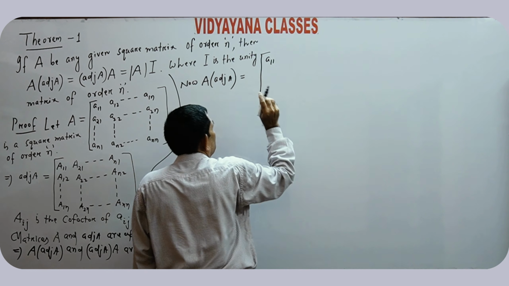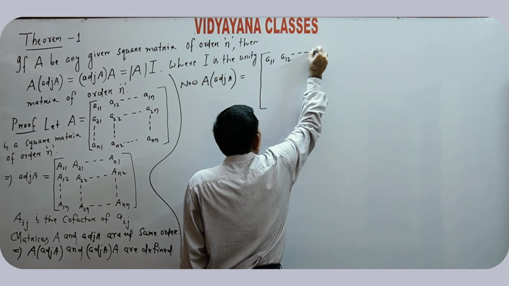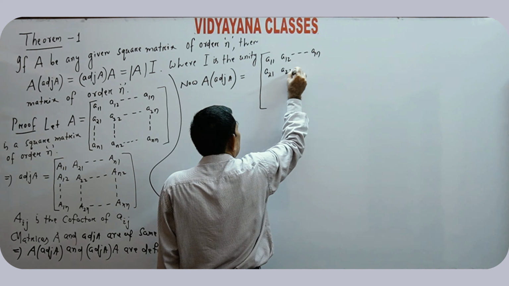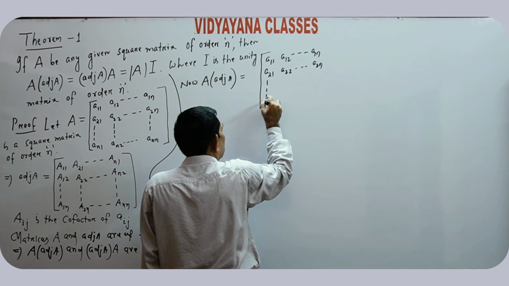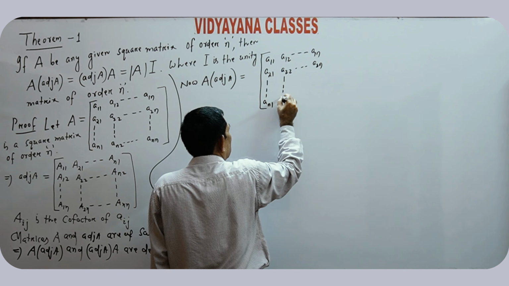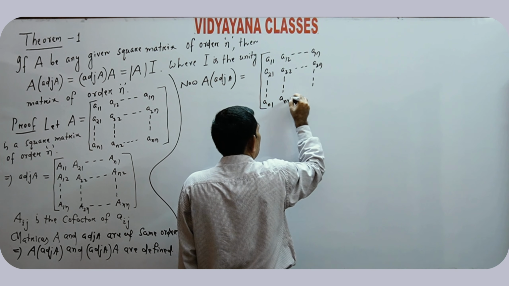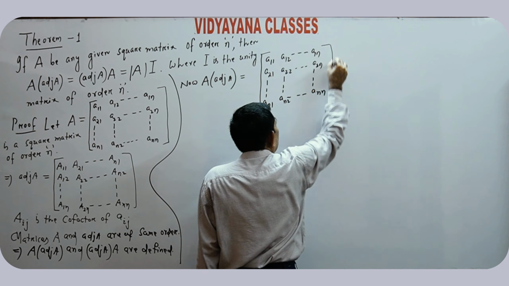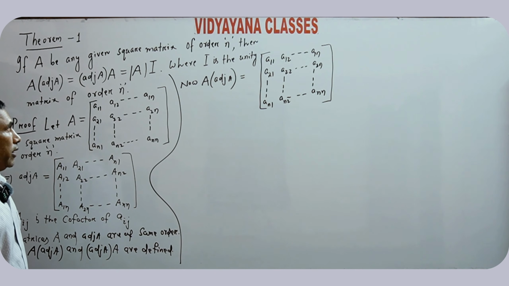It contains the elements A11, A12, A1n, A21, A22, dotted A2n, An1, An2, Ann. A is the square matrix of order n.